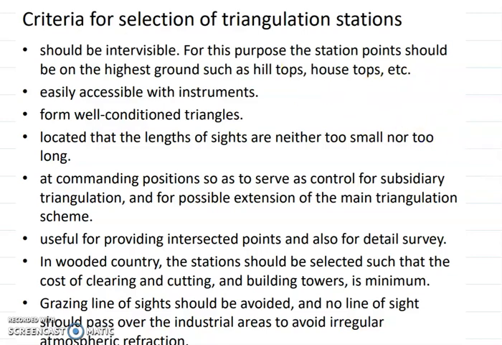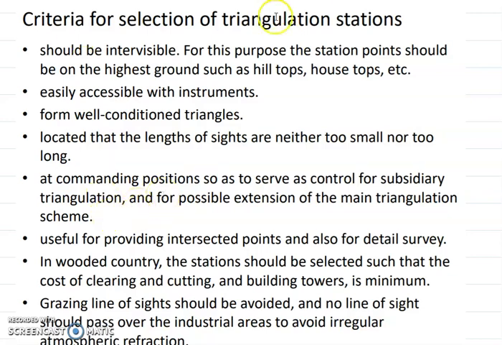At commanding positions, so as to serve as control for subsidiary triangles and for possible extensions of the main triangulation scheme. So basically what it's trying to say is your triangulation station, even if it is a subsidiary station and not a main station, should as far as possible be at a commanding position.